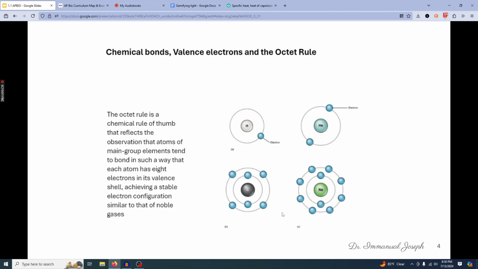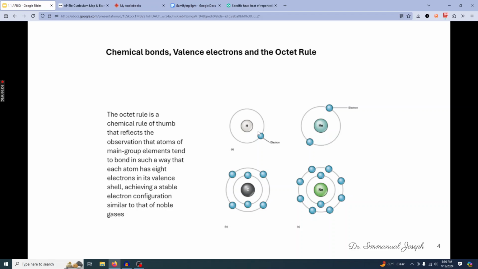What that means is they usually have 8 electrons in their outermost valence shell. The majority of elements are trying to get to that state where they will have the configuration of an inert element. They would like to have 8 electrons in the outermost shell. The word octo means 8. So the octet rule is when elements try to get to that state of stability by having 8 electrons in the outermost shell.